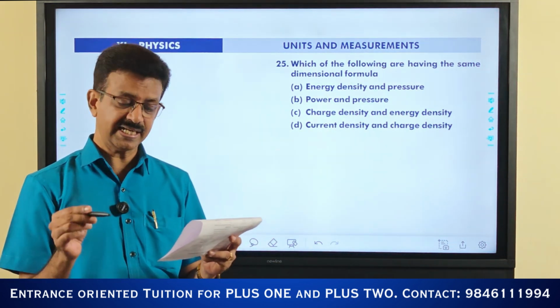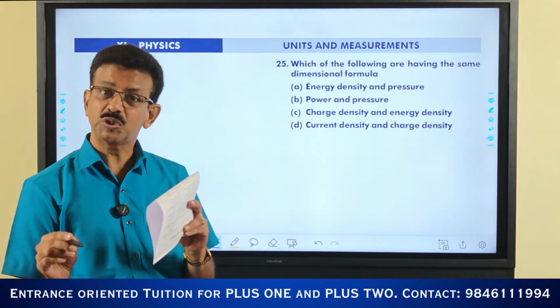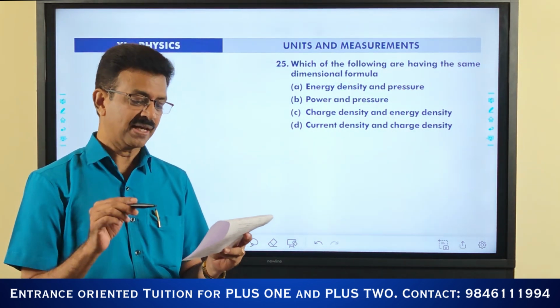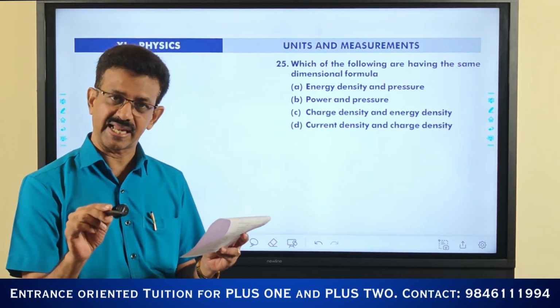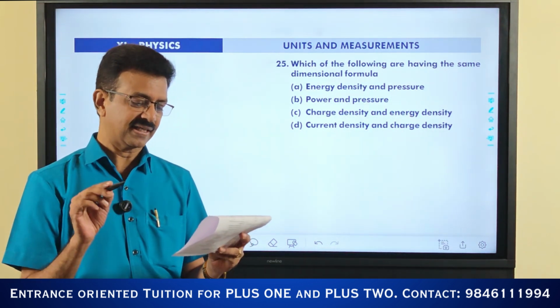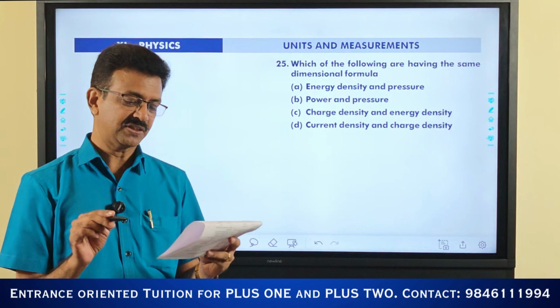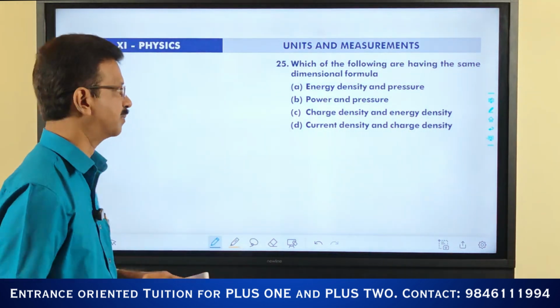Okay, energy density, energy by volume. Then pressure, normal force by area. Therefore, energy by volume and normal force, called thrust, by area will have the same dimensional formula. Here, the correct answer is A. Once again, I will explain.